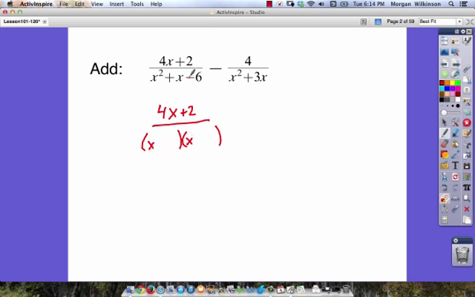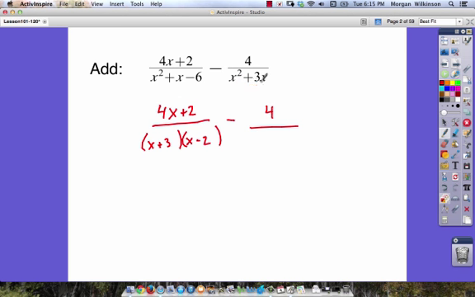And what two numbers multiply to get negative 6 and add to get positive 1? Well, it must be positive 3 and negative 2, because 3 times negative 2 is negative 6, and 3 minus 2 is 1.